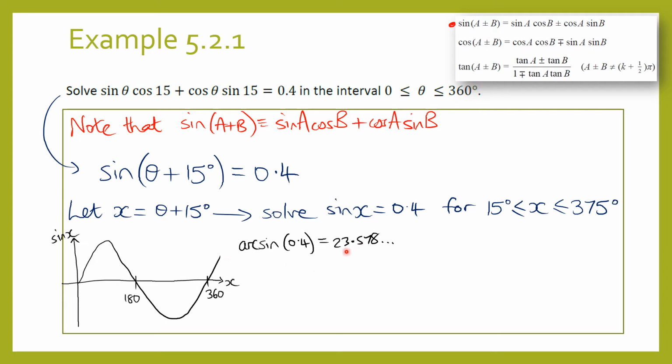So now that I've got that value from the calculator, I can now figure out if there's any others in the interval for this question. So the calculator just gave me 23.5 and so on. So then we're also going to have 180 minus that as well.